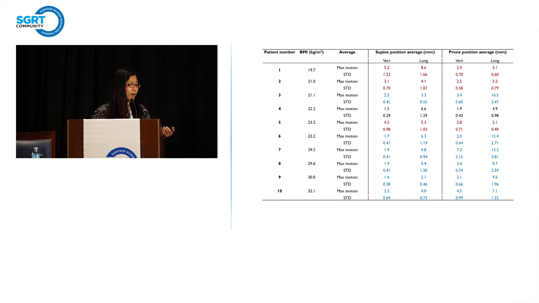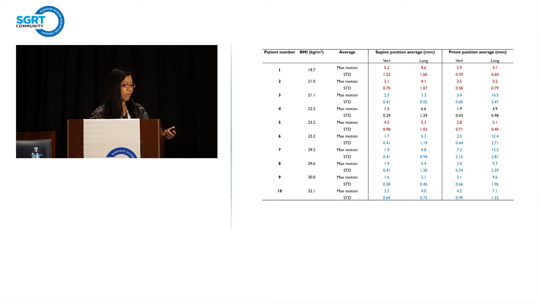For the blue color, in the prone position the patient motion is bigger. And there's one black, which means in one direction the supine is better, and in one direction the prone is better. This is just the 10 patients sorted by BMI number from the lowest to the highest.